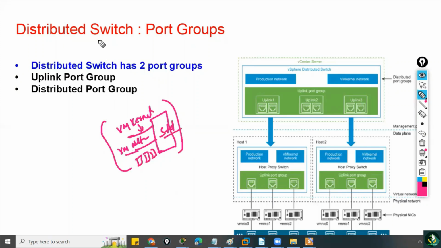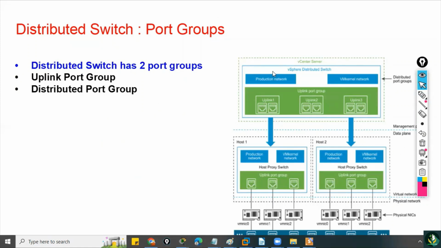Yes, sir. In distributed switch also we have some port groups. Alright. So distributed switch is also having port groups, and it is having two port groups. One port group is known as uplink port group.